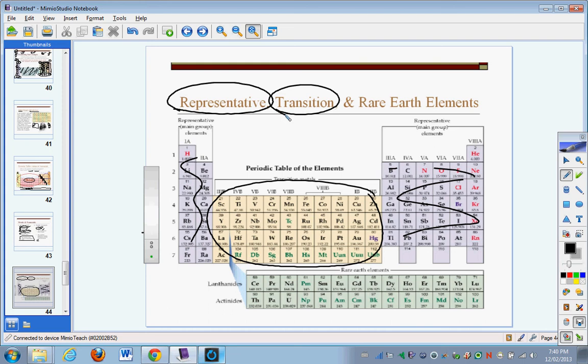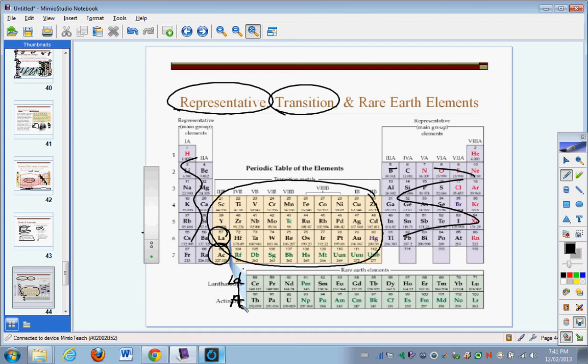Everything down at the bottom, these 2 rows in green, represent rare earth elements, or more specifically, rare earth metals. Now, this particular periodic table is laid out in a little bit unusual way because the element lanthanum really belongs at the beginning of that row there, and actinium belongs at the beginning of that row there.